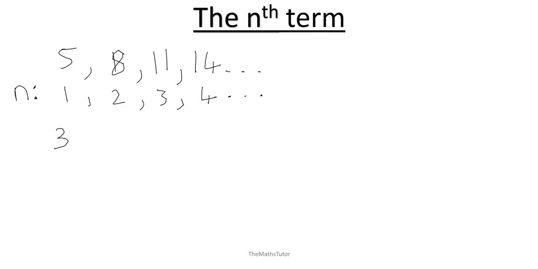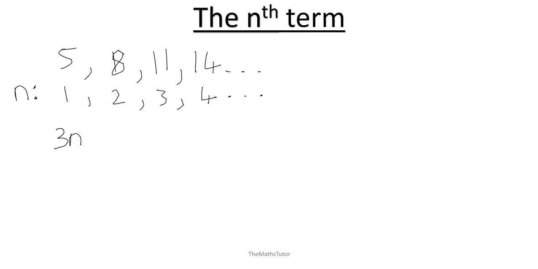So the first thing you write is 3n. That is 3 multiplied by n: your common difference times your n. Then you have to look at what your correction factor needs to be. The best way to explain this is if I let n equal 1, this will give me 3 times 1, which is 3, whereas in fact we want 5.